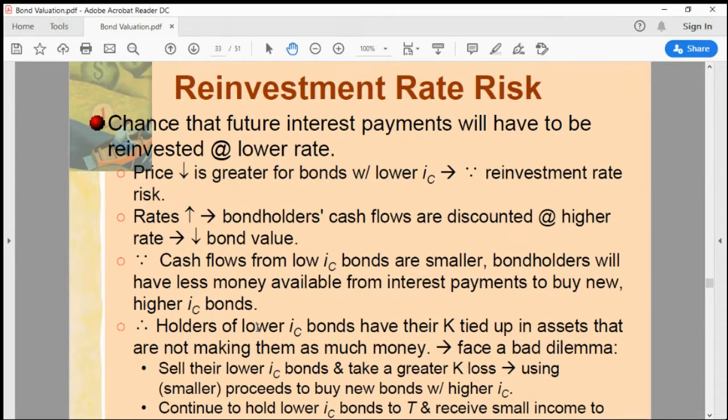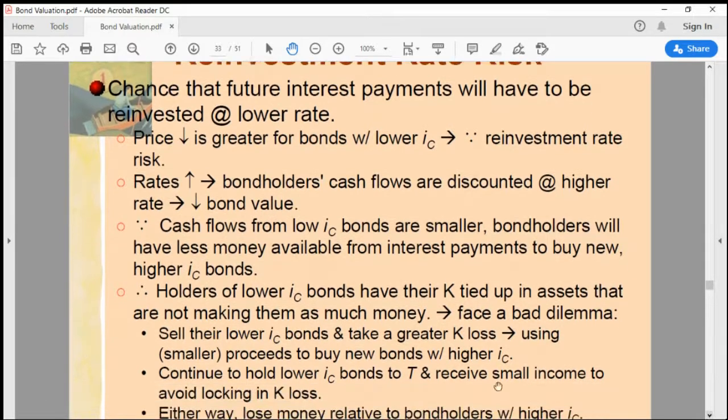To put into anything. So this is a dilemma, right? Holders of lower coupon bonds have their capital tied up in assets that are not making them as much money, right?